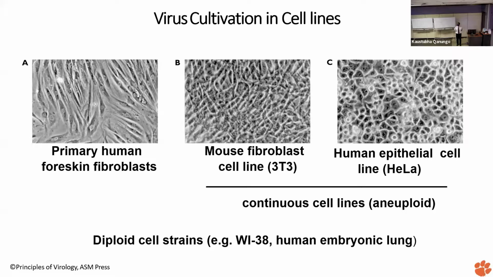Basically, they're cancerous. So you can propagate the virus in these cell lines, but sometimes they are not like natural cells. Primary cells have all the natural properties of a human cell. So when you are propagating a virus in these continuous cell lines, some of the properties of the virus may be compromised. That's one of the limitations.